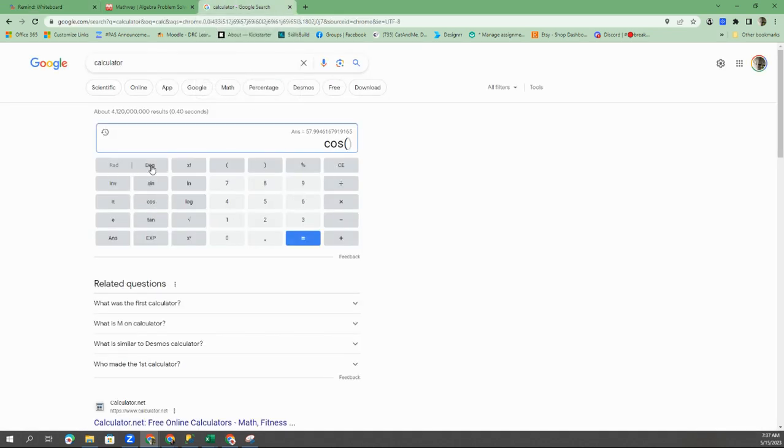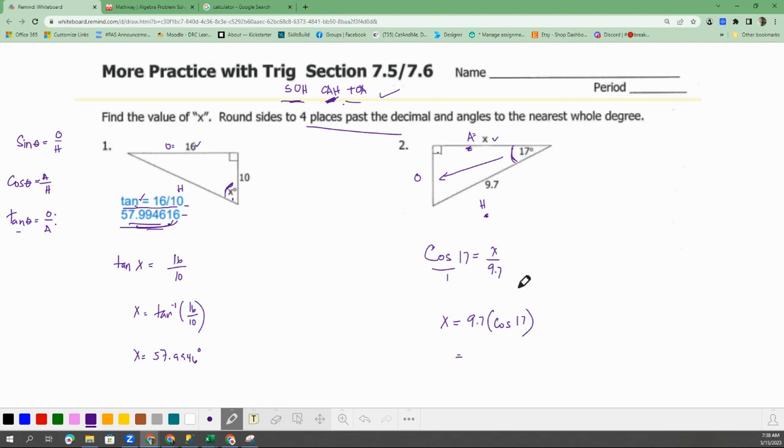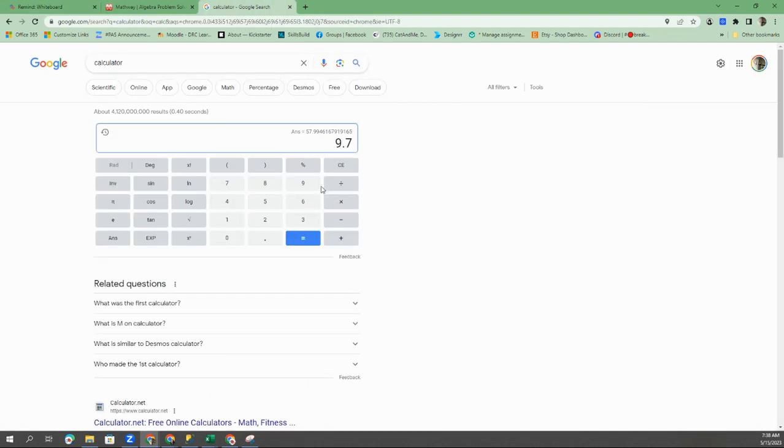I am on degrees right now. Actually, what I want to do is start with the number first. So 9.7, I think that was 9.7, right? All right, 9.7 times cosine of 17.